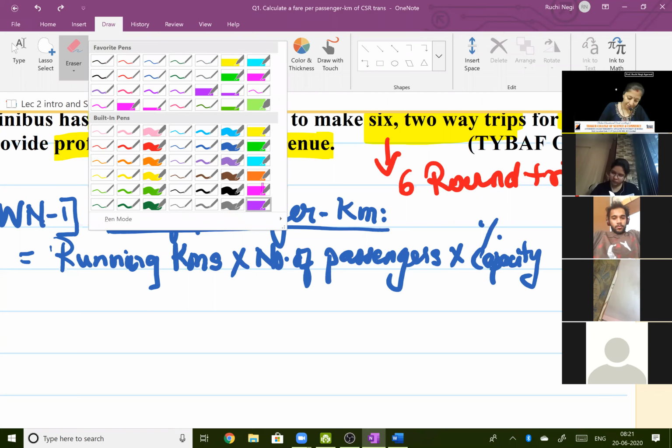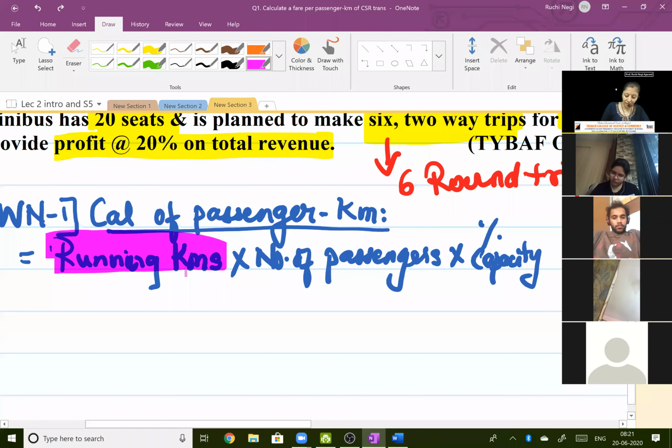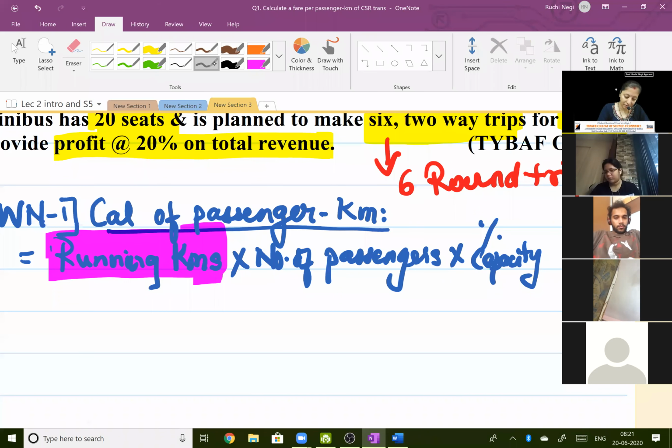So we'll have to calculate this running kilometers. Leave 2-3 lines, obviously, because we will have to first calculate running kilometers. Okay. So let us start.